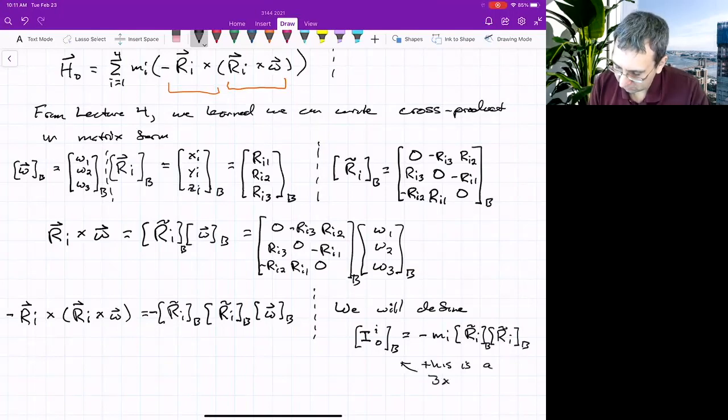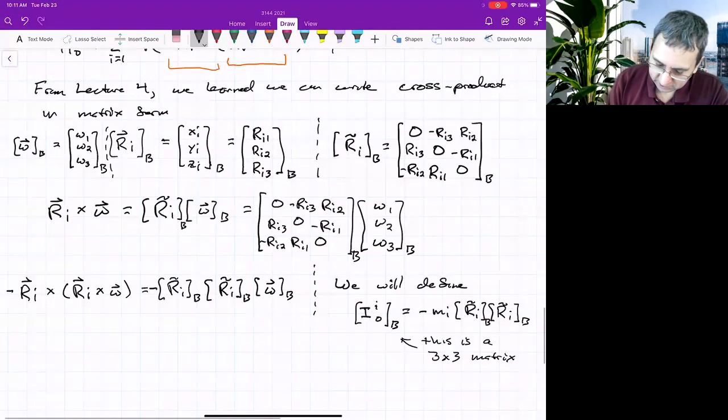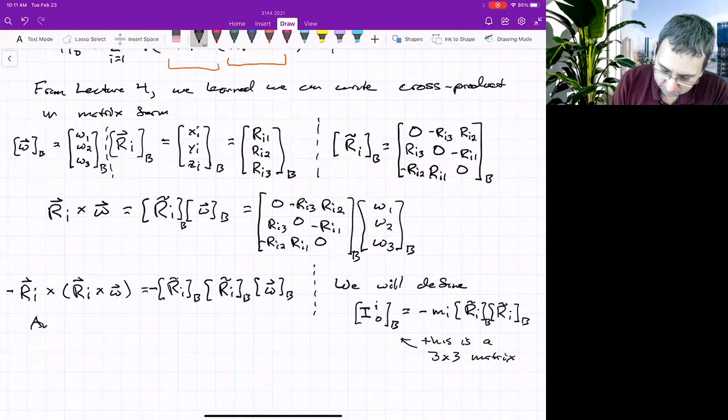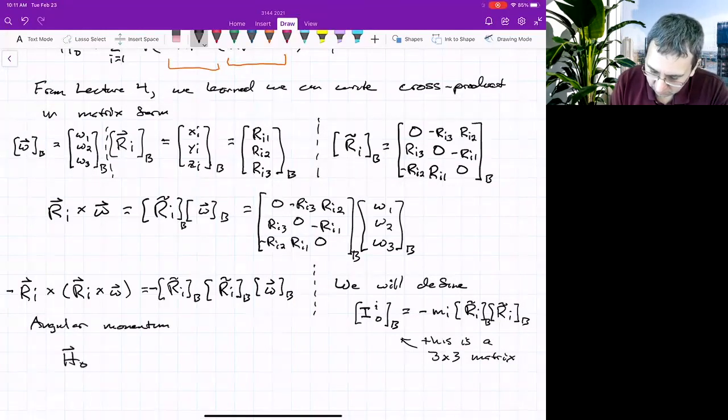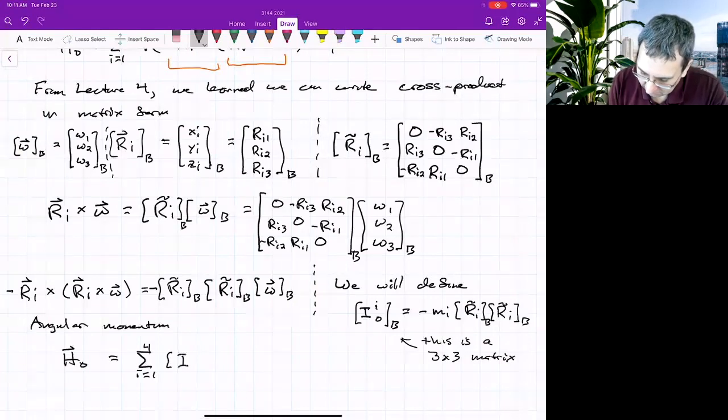This is a 3 by 3 matrix, and it gives us a way to write the angular momentum, H_O, equals a sum, i goes from 1 to 4, of this matrix times omega.